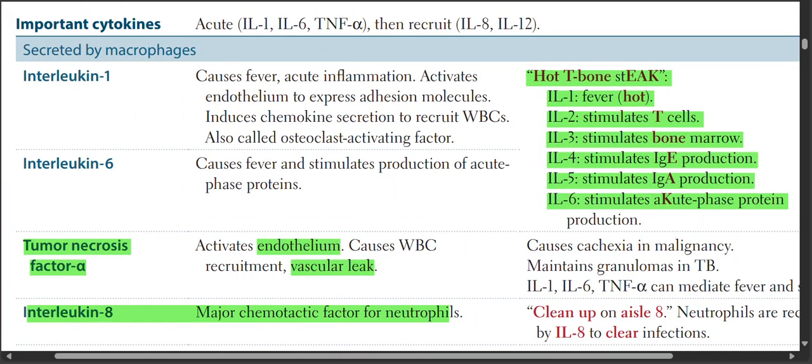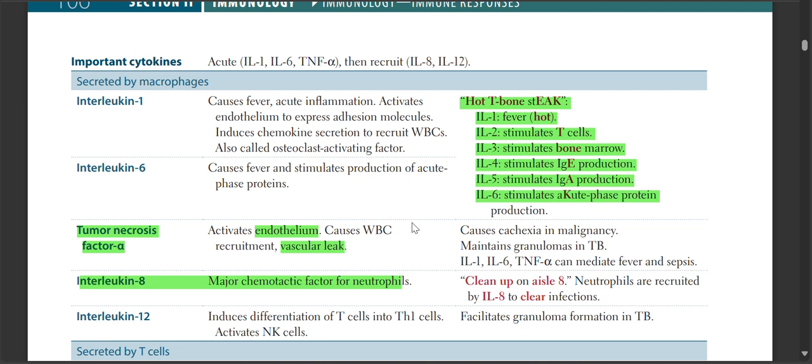Yeah. And the macrophages are the ones secreting it. And the vascular leak, I remember it was for when any inflammation is occurring at the area. So the cytokines make the vessels permeable and the cells go to the site of inflammation, right? Yeah.